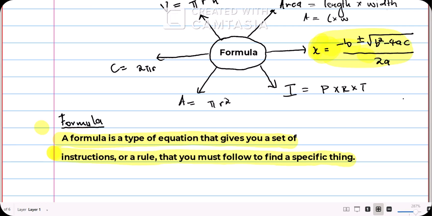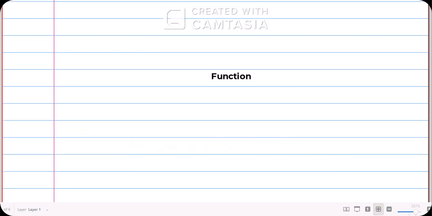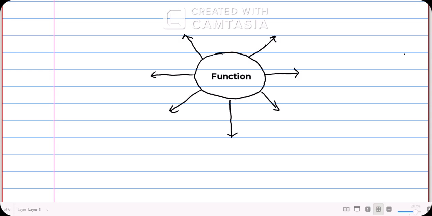Now let's go to the functions. I'll first give the examples, then define the function. There are lots of functions in maths; I'll list just a few. We have the linear function, which is a line graph.